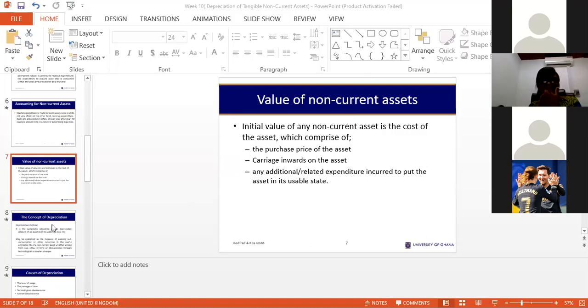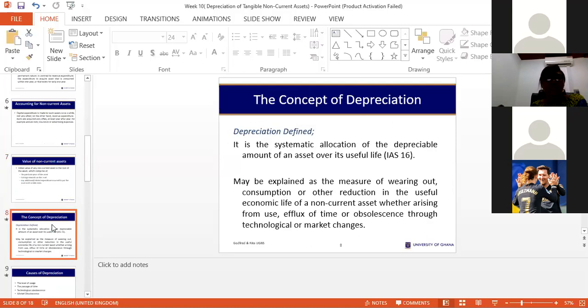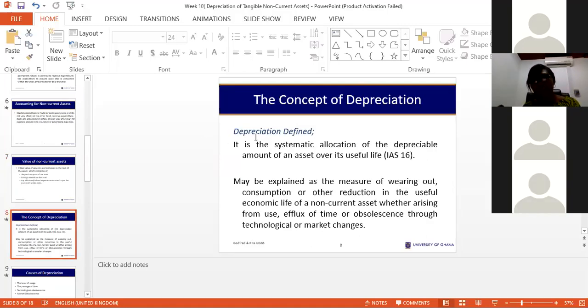Now, so these are the values of the cost in determining the cost of an asset. Okay. Now, one key concept that you would always find associated with tangible non-current assets is the concept of depreciation.